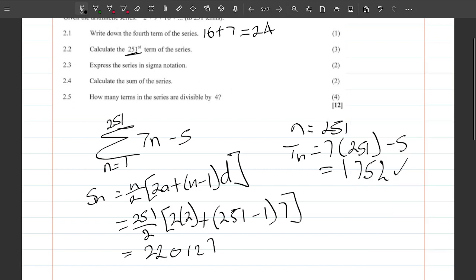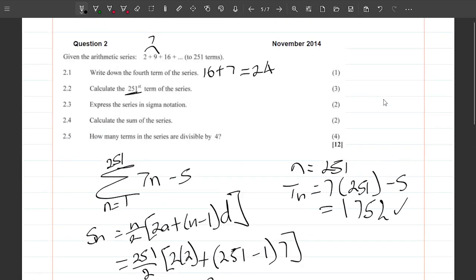Next question. How many terms in the series are divisible by 4? Only those that are divisible by 4. So what I'm going to do is take this pattern that I have and begin to isolate it to such an extent that I only have terms that are divisible by 4.